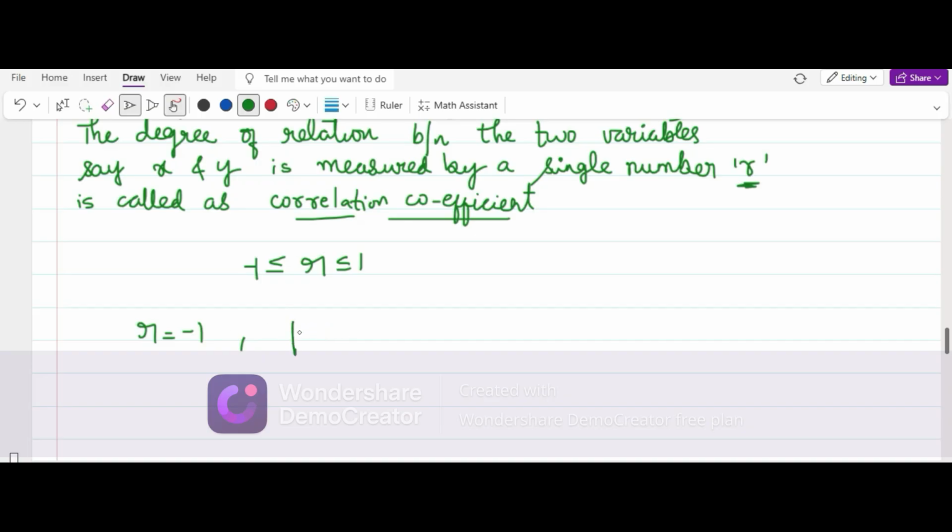And if r is equal to +1, it is a perfect positive correlation. And if r, the correlation coefficient, is 0, I can say that there is no linear correlation.